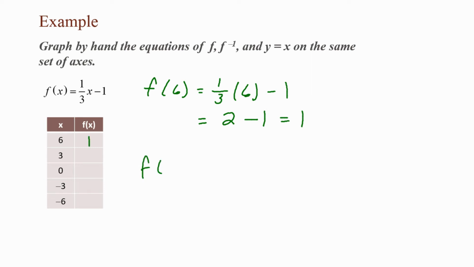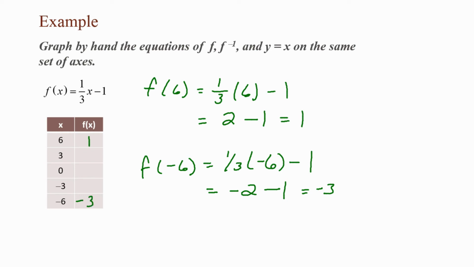I'm also going to find f of -6. That equals 1/3 times -6 minus 1. 1/3 times -6 is -2. So this equals -2 minus 1, which equals -3. So I have the ordered pair (-6, -3).